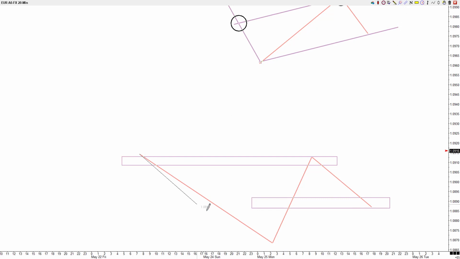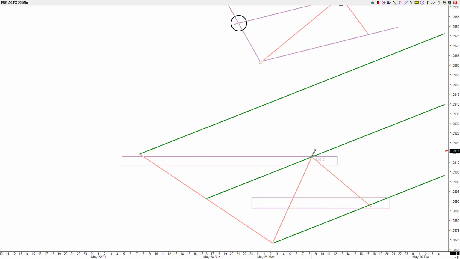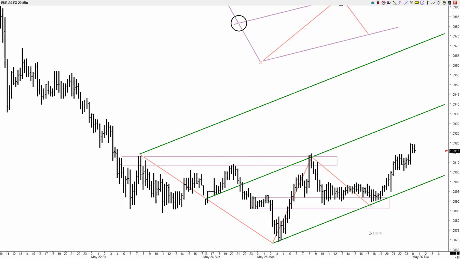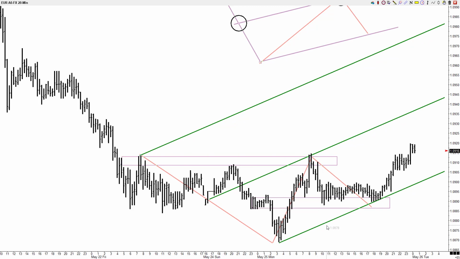And I can project about where that try is going to go with a reverse median line set. And the way I put the reverse median line set on is grab that swing and attach it so rule 1 is fulfilled, like that.